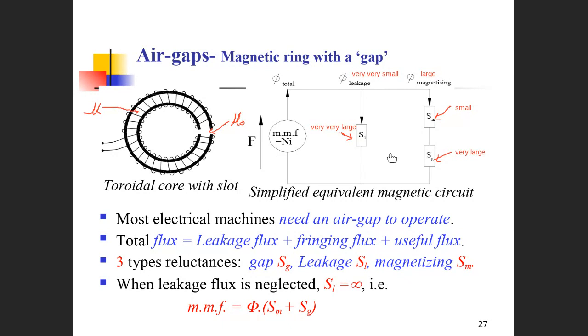Based on what we learned in the electric circuit, reluctance times the flux is the magnetomotive force, just like a voltage drop. So flux times reluctance is the magnetomotive force drop.